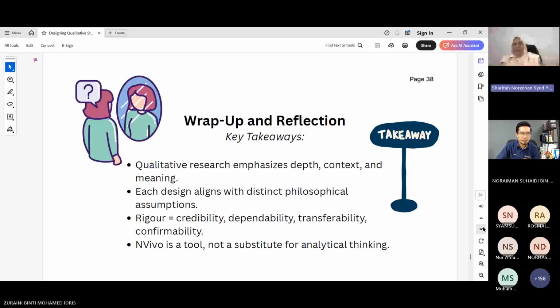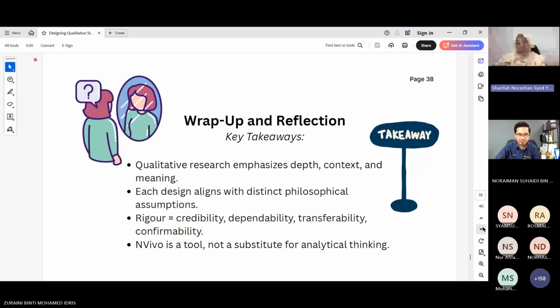Okay, what is it that you can get out of this? So hopefully you understand what qualitative research is. So basically it's in-depth, it's contextual, and it's about explaining the meaning. All right. So every research design would actually be related to certain philosophical assumptions.